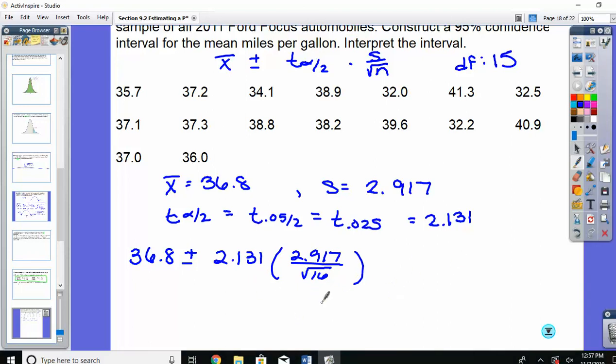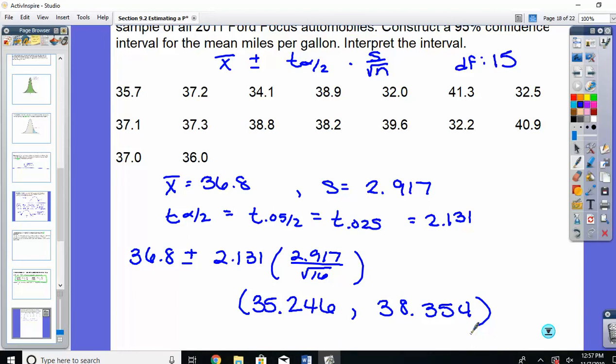And I get an interval from 35.246 to 38.35. You will get slightly different numbers depending on what you round your standard deviation to.